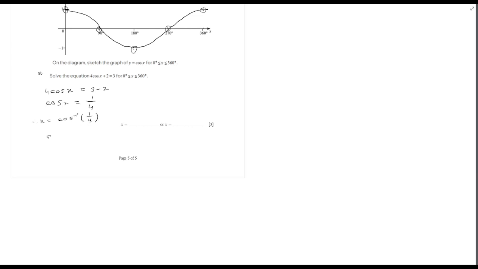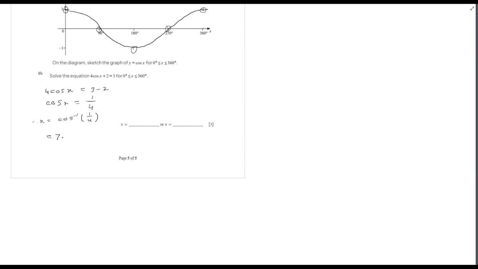For cos, I know that cos of angle and cos of 360 minus angle are going to be the same. So one answer I will get from the calculator. Cos inverse of 0.25, 1 divided by 4 is 0.25, which is 75.5.